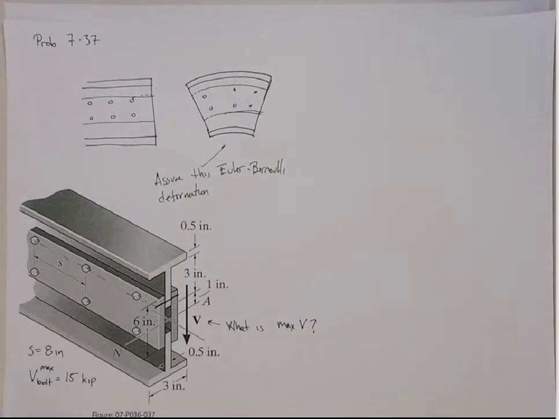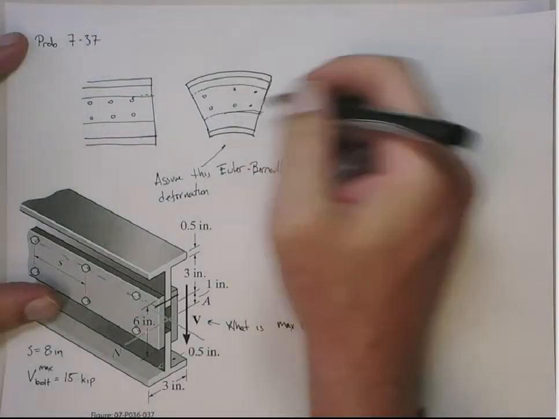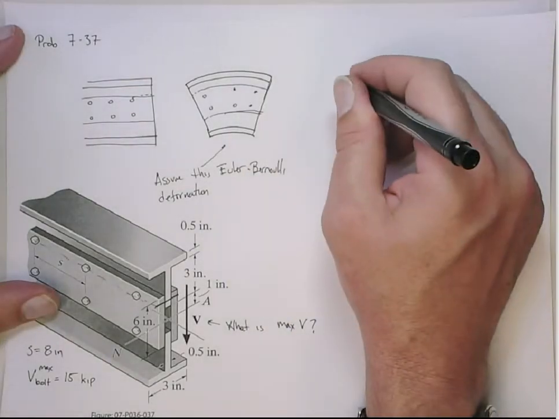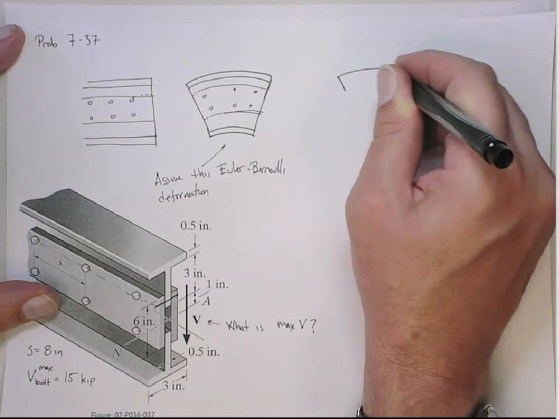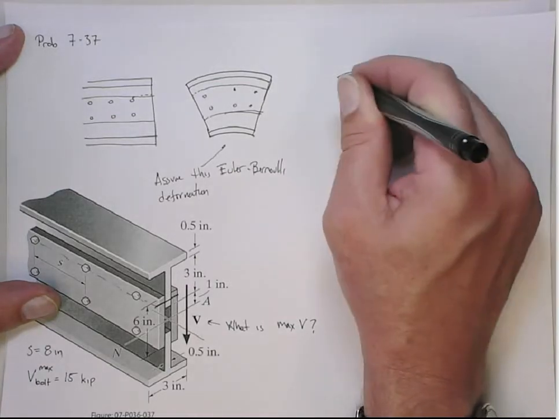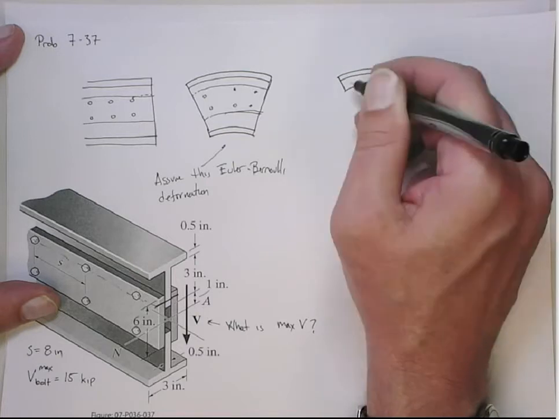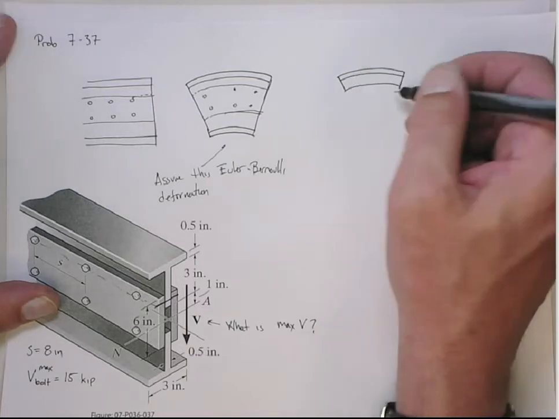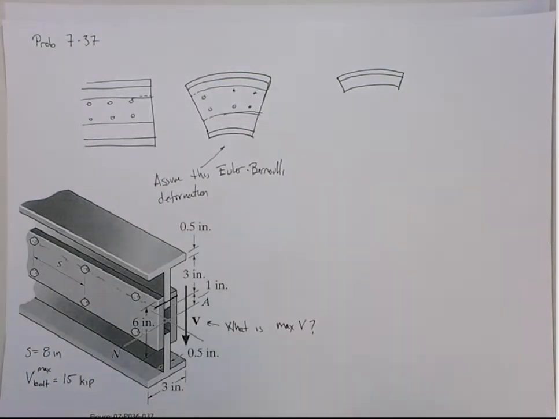Okay, so if that's the case, then if I just look at this top T section, just draw that top T section. Now, of course, I'm obviously exaggerating the deformation, right?